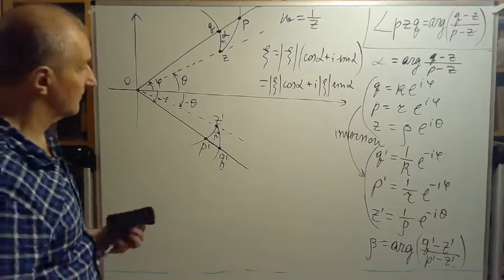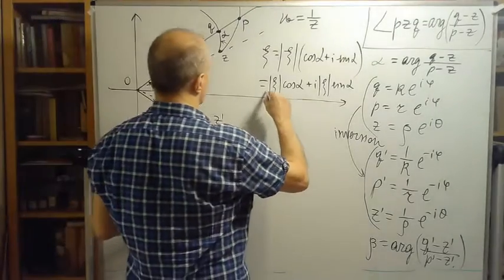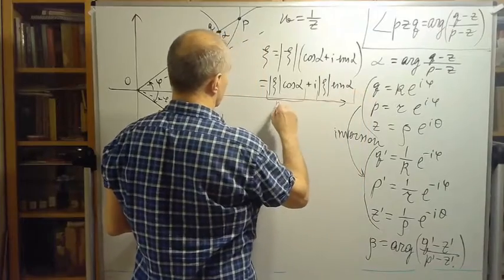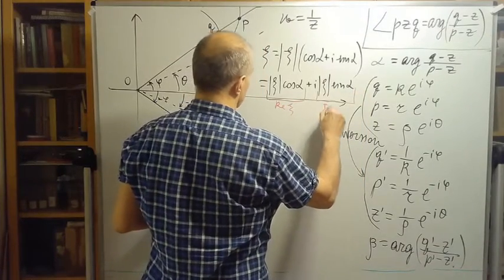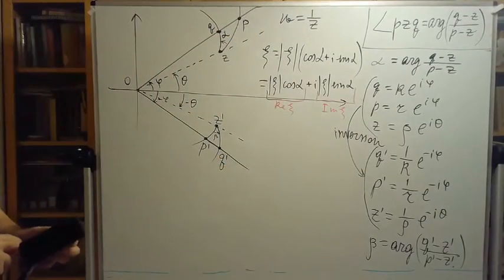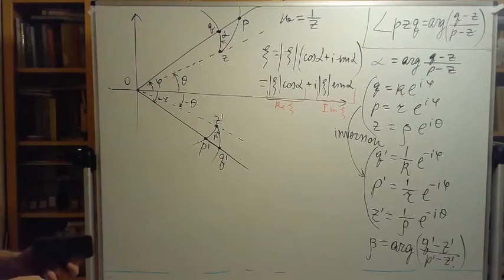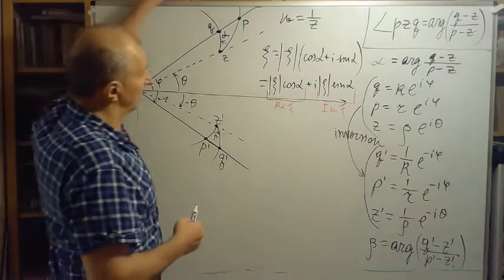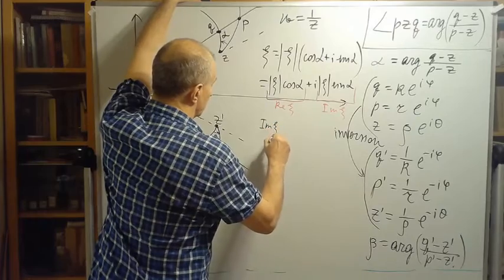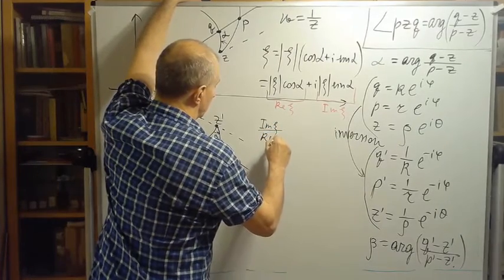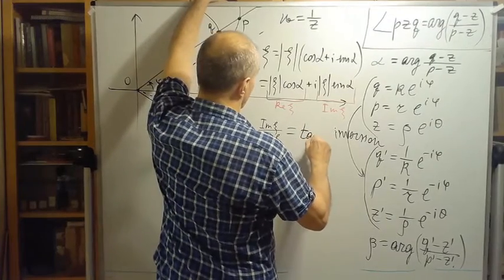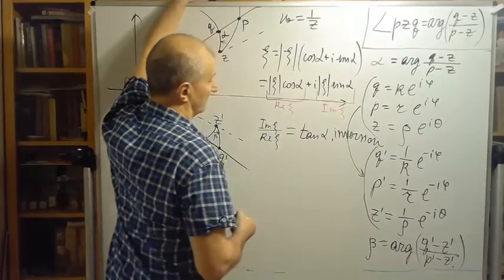This is the real part of psi, and this is the imaginary part of psi. So when I divide the imaginary part of psi by the real part of psi, I will receive tangent alpha.